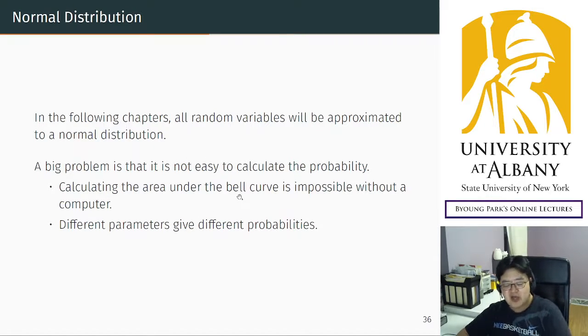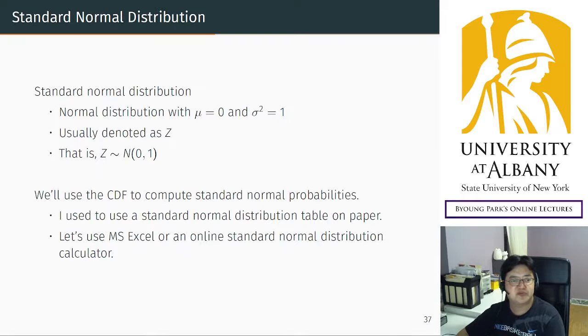When you actually calculate the probability, the CDF is better than the PDF, because going from the PDF to a probability is an integration. But if you know the CDF, then the probability is easily calculated. That's one solution to that difficulty.